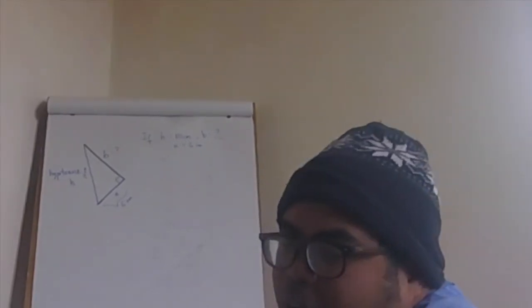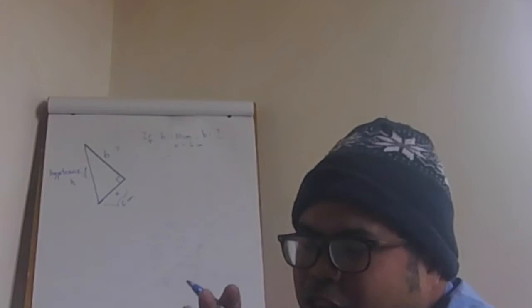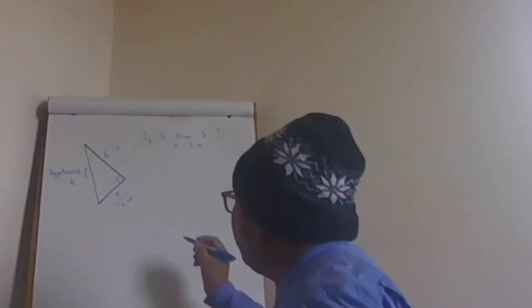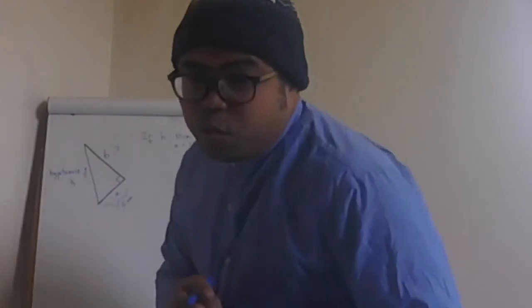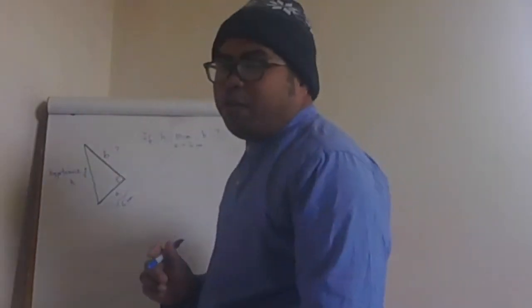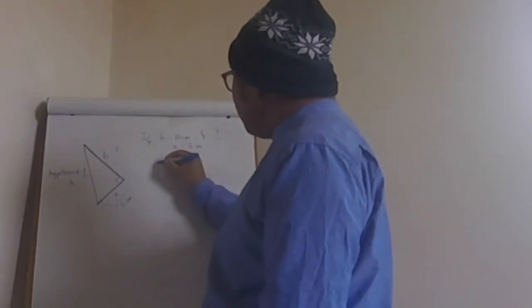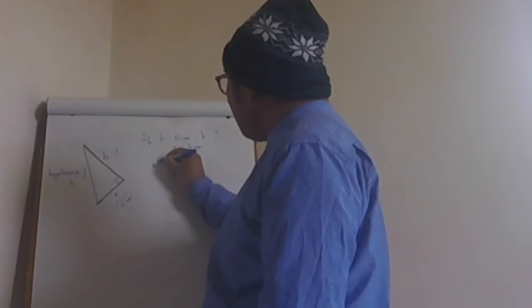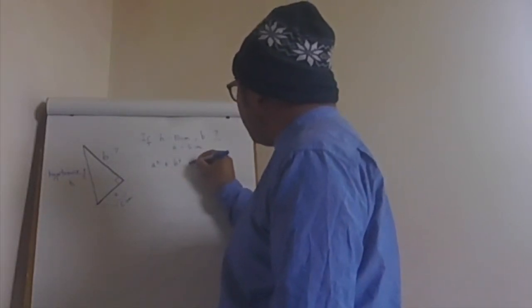Thank you. I can see that some of you have already noticed this, but I just want to go through the sequence of steps. Here, you always write the formula. In one of the homeworks, the formula wasn't written. So we always write the formula, which is A squared plus B squared equals C squared.